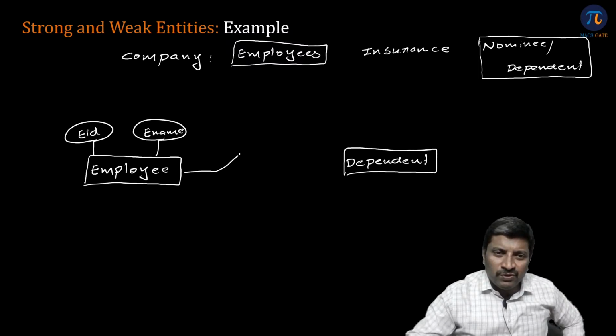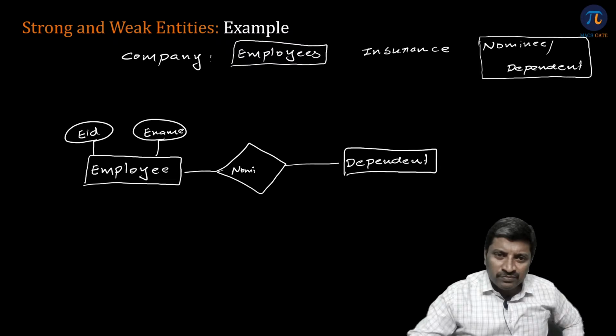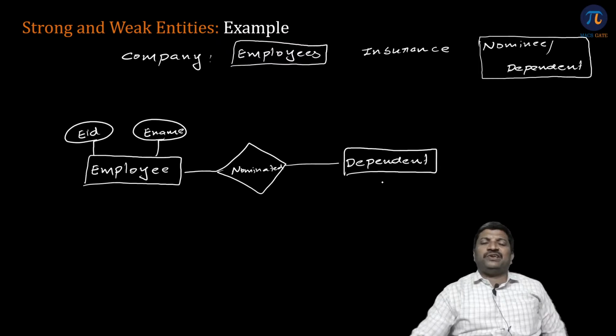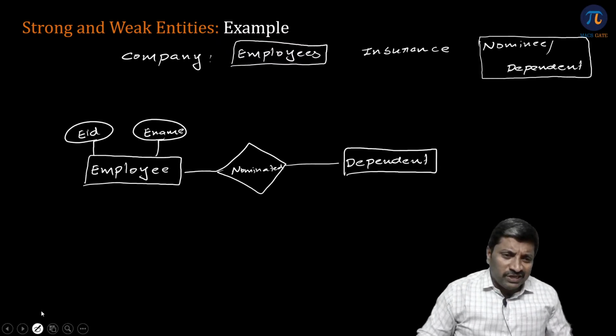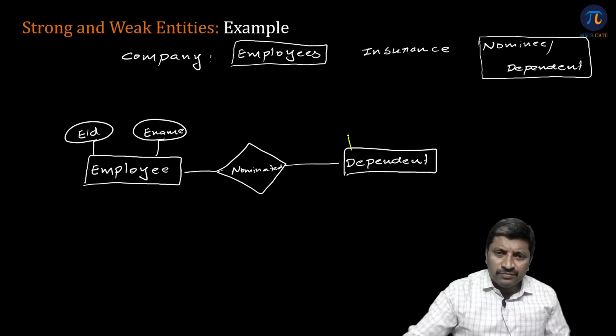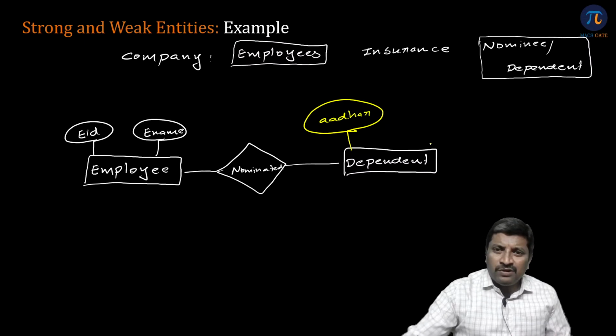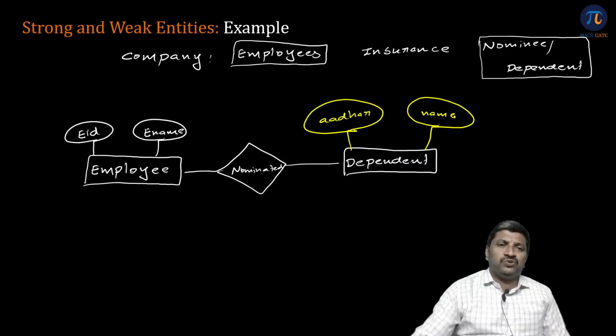So this employee nominated this person as his dependent. For a dependent, generally we consider at least some details. Suppose I consider Aadhaar, which is a very good example, and let us consider simply the name. This is the story, sir.